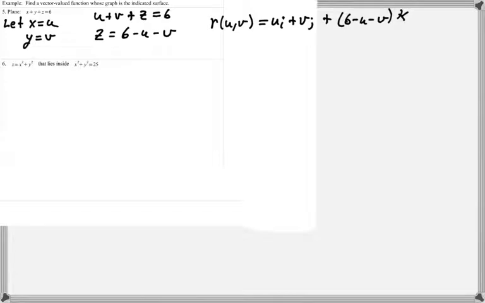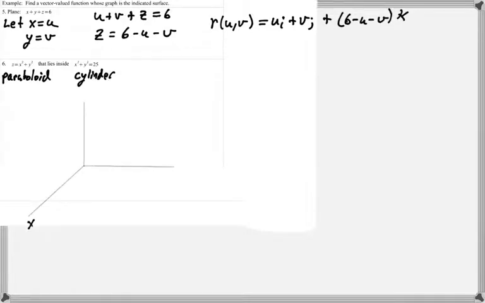Okay, for part 6 here, z is equal to x squared plus y squared, and then that part that lives inside the cylinder x squared plus y squared is equal to 25. So we have a paraboloid, z equals x squared plus y squared, and then a cylinder x squared plus y squared is equal to 25.